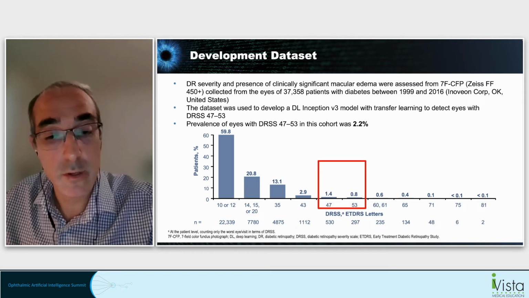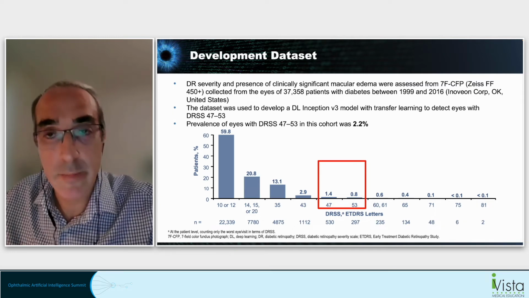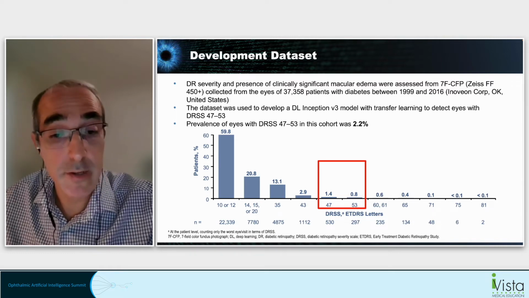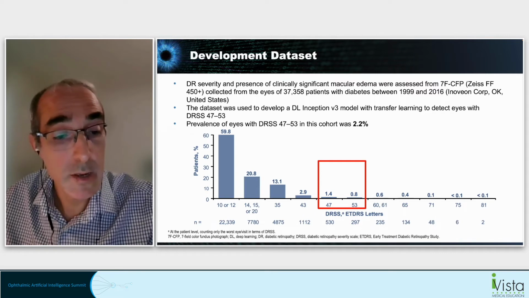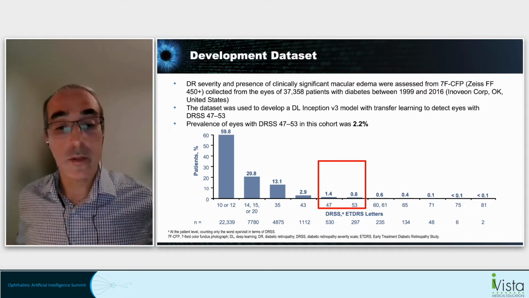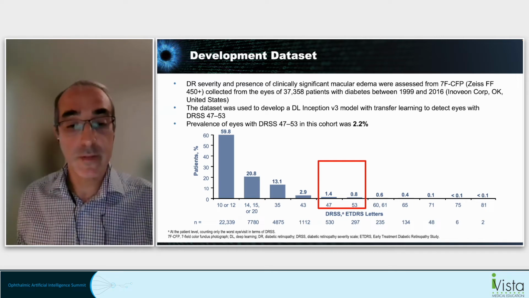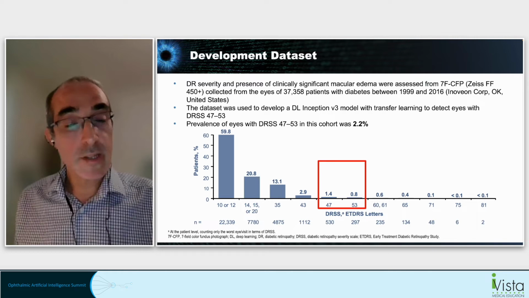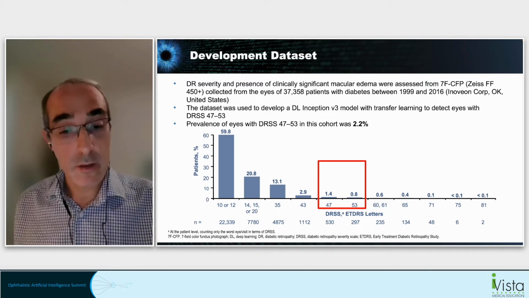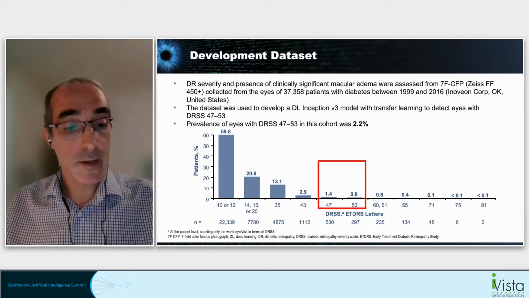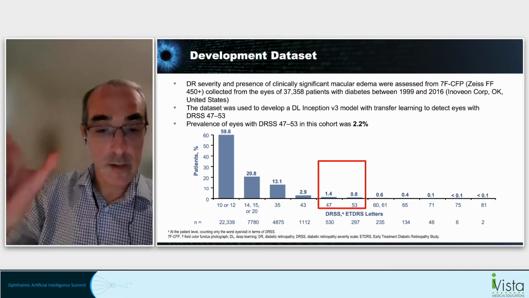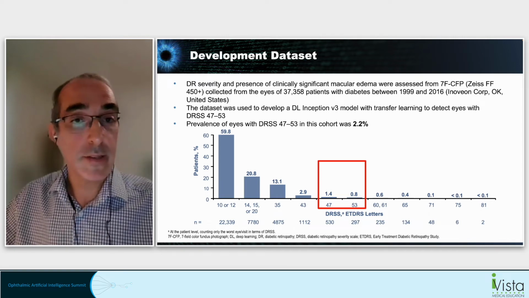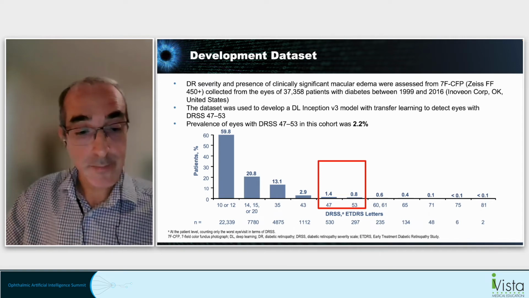DR severity and the presence of diabetic macular edema were assessed from 7 field stereo photos by professional graders at a centralized reading center in the US. In this large diabetes cohort, the prevalence of 47 to 53 was 2.2%, as highlighted in this graph. With this data set, we trained an Inception V3 model, a rather standard model, with transfer learning to classify eyes as being in this category or not. So basically, the task of the model is to identify these 2.2% of the eyes.